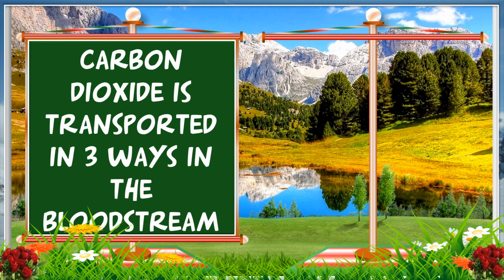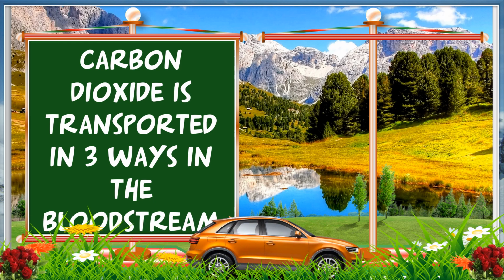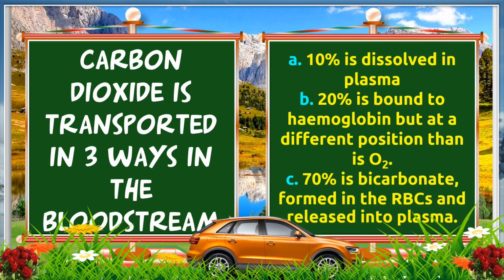Carbon dioxide is transported in three ways in the bloodstream. A. 10% is dissolved in plasma.